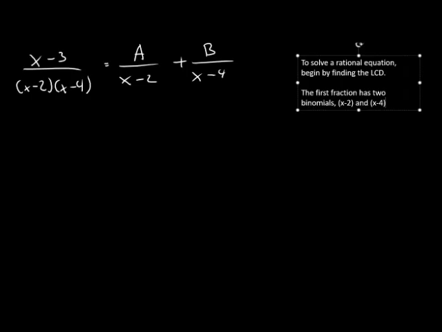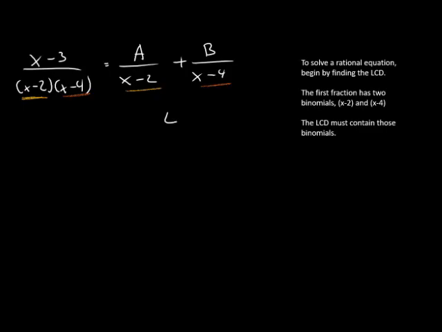Therefore, our LCD must contain those binomials. We also notice that we have an x minus 2 in fraction A and an x minus 4 in fraction B. Therefore, we have no additional terms other than those two binomials. So our LCD will equal x minus 2 times x minus 4.